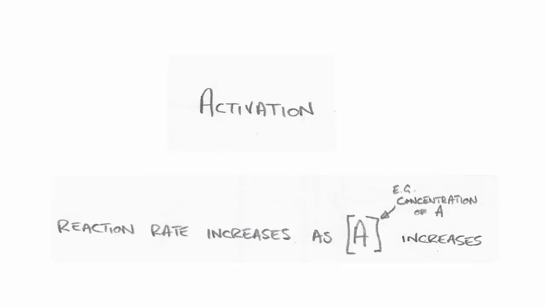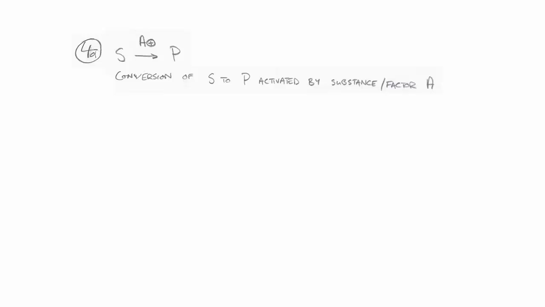And we might say the presence of an enzyme activates a reaction. So we're looking at activation where the reaction rate increases as concentration of some activator A increases in the system. So I've used this notation where above the reaction arrow I say A plus to show that the presence of A is increasing that reaction rate.